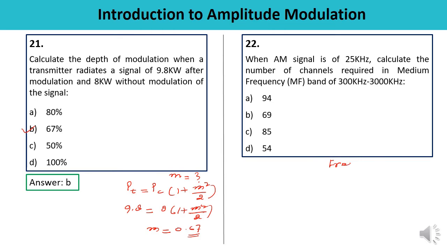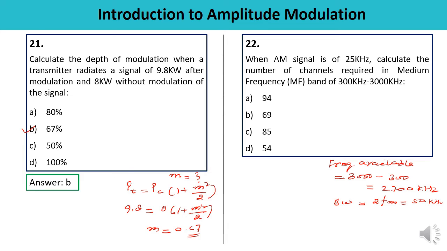Frequency available is equal to 3000 minus 300, which is equal to 2700 kilohertz, and the AM signal is of 25 kilohertz. It means bandwidth required will be twice of FM, that is 50 kilohertz.